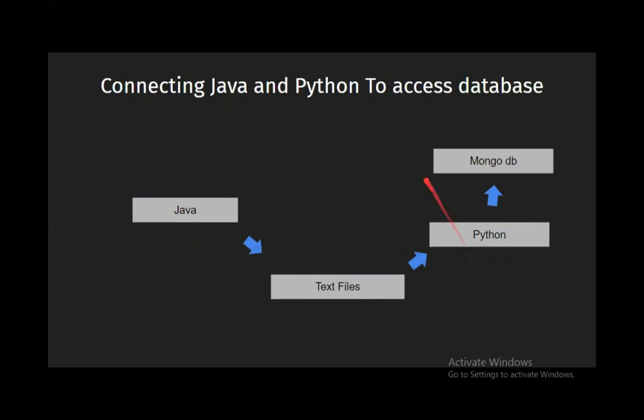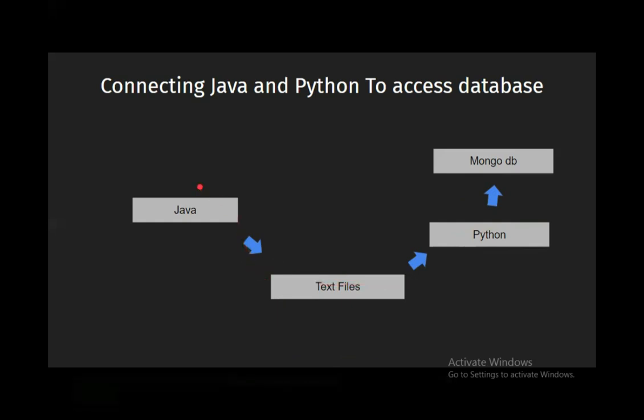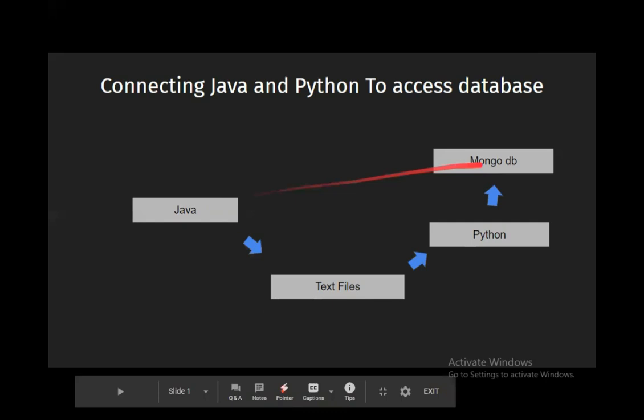So the data will be now in Python, we can directly access MongoDB from Python, and we will upload it to MongoDB. While reading data from MongoDB, we access MongoDB using Python directly, write to text files, and then read it using Java, because we can read text files using Scanner in Java. So that's how we are going to connect Java to MongoDB.